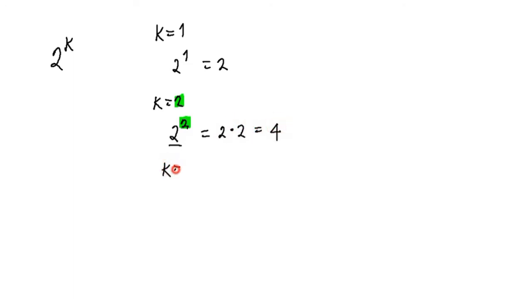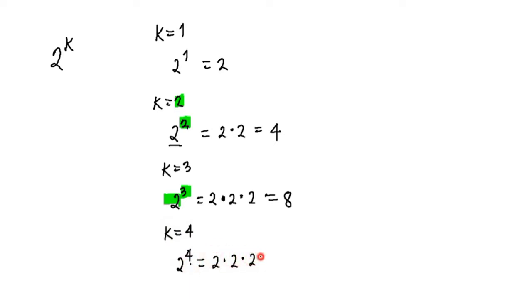So if k is equal to 3, then that's 2 raised to 3. So ibig sabihin, we multiply 2 to itself ng tatlong beses. That is equal to 2 times 2 times 2, and that is equal to 8. So if k is equal to 4, so 2 raised to 4. Multiply natin si 2 sa sarili niya ng 4 na ulit. So that's 2 times 2 times 2 times 2, and this is equal to 16.